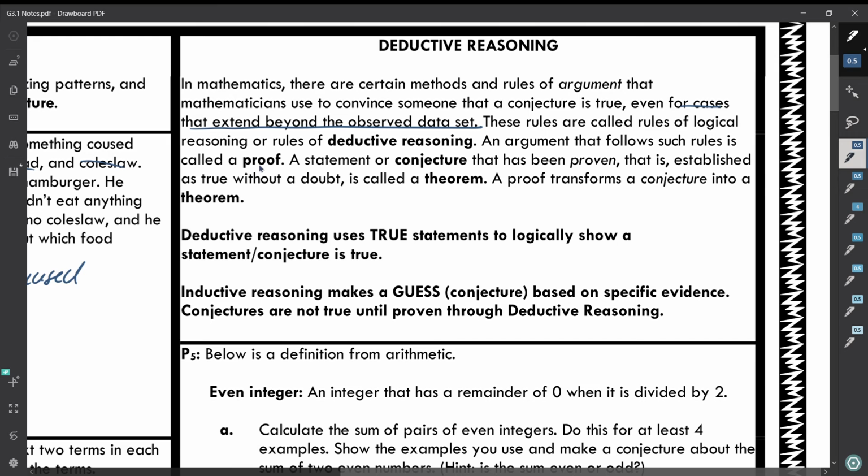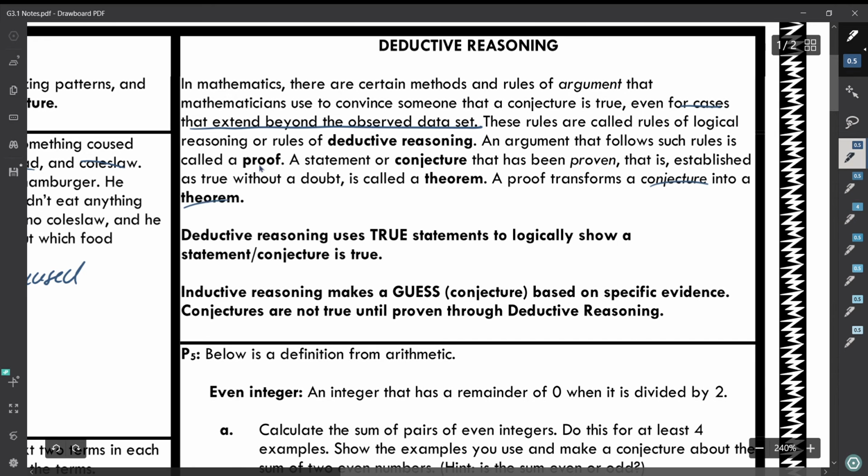We can establish truth, logical truth without a doubt. This is called a theorem. Okay? So if you ever see theorem, the Pythagorean theorem, the different type of theorems that we have, these mean that these are true because we have proven them to be true using general statements that help support our claim. Okay? A proof transforms a conjecture into a theorem.